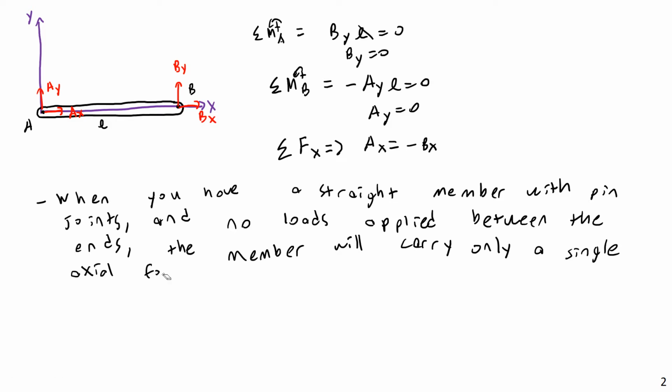So if we say that the AX has to be equal to negative BX, these are equal and opposite. In other words, the forces then are essentially the same.